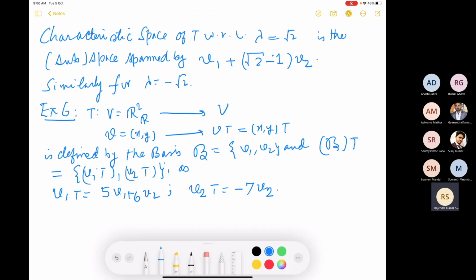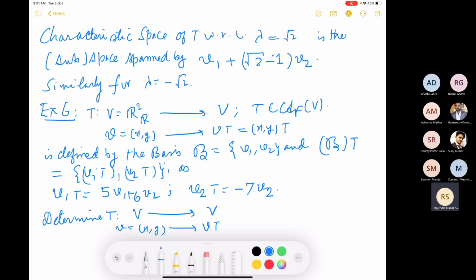So we have the linear transformation, this T. First thing is that you can determine T from V to V, so here v as (x, y) going to vT, (x, y)T, and this I leave for you to determine.